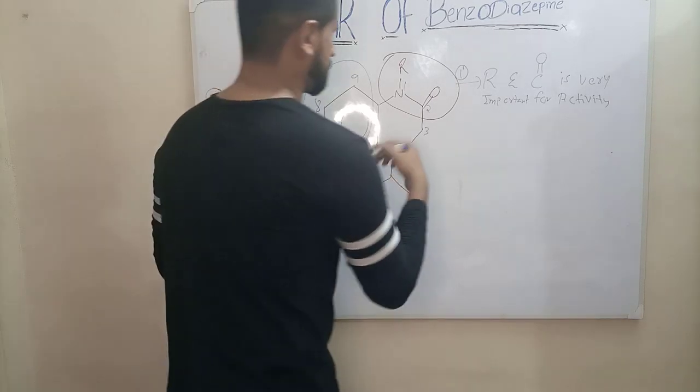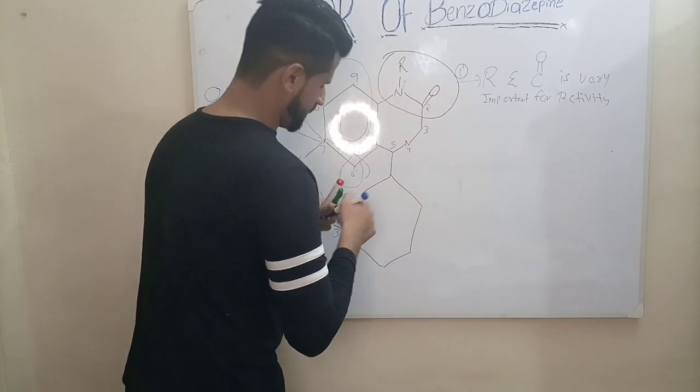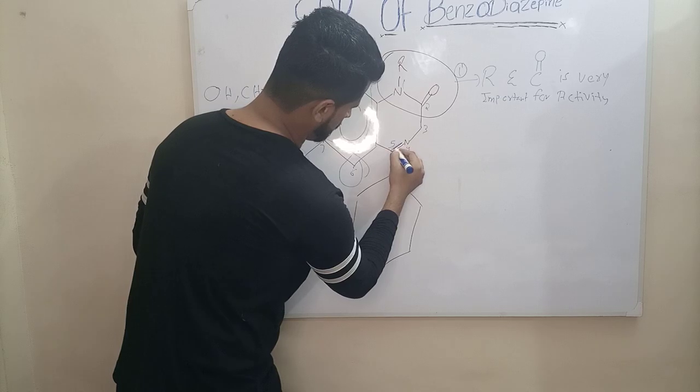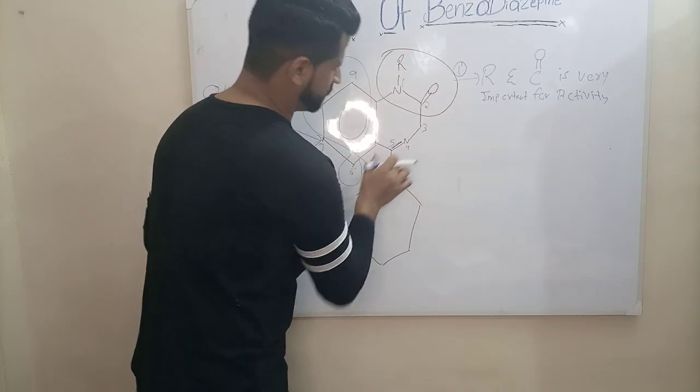And the fourth point is the bond between the 5 and 4 positions.